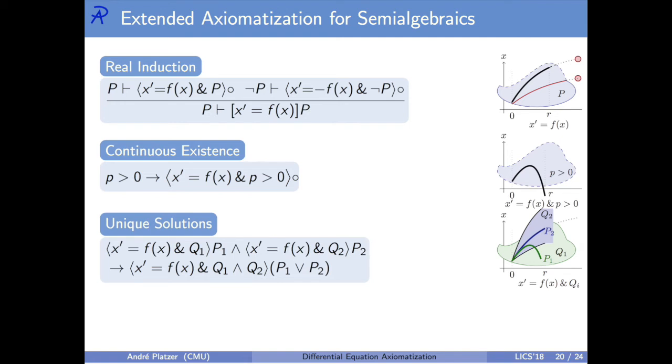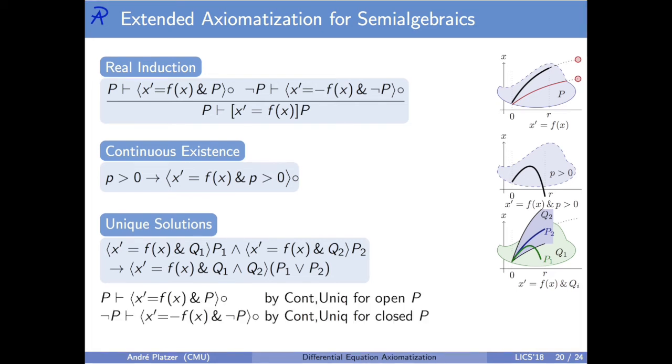So picture, if within the green region, I can go to P1, and within the blue region, I can go to P2, then in fact, without having left either of the two regions, I can go to whoever happens first. In other words, this picture doesn't actually happen, because of uniqueness of solutions. We don't know which one will happen first, but one of them will, and until then, we were in both evolution domain constraints.